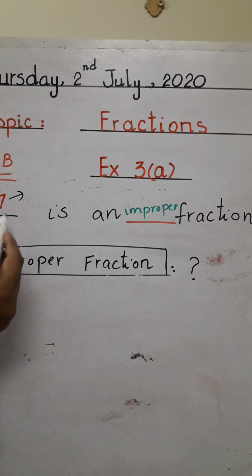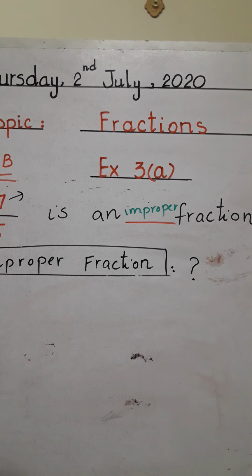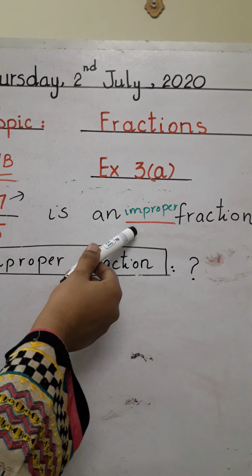So 17 is numerator and 5 is denominator. When the numerator is greater, it will be an improper fraction.